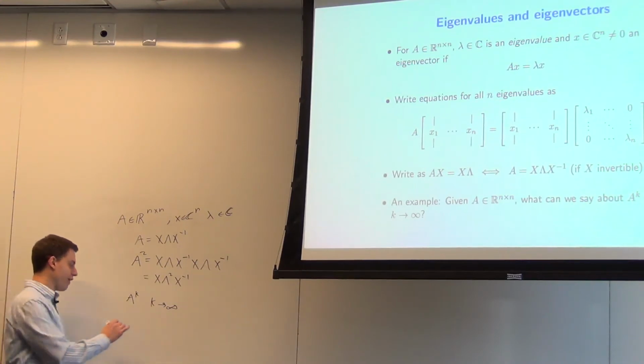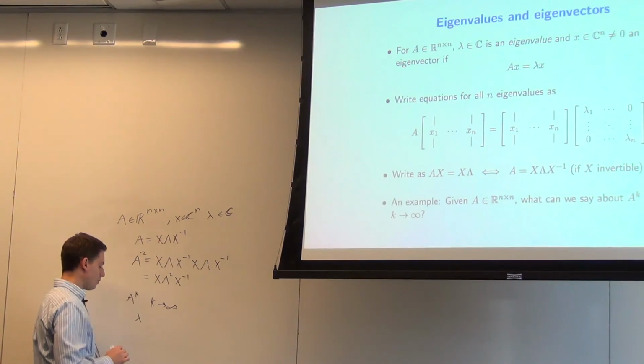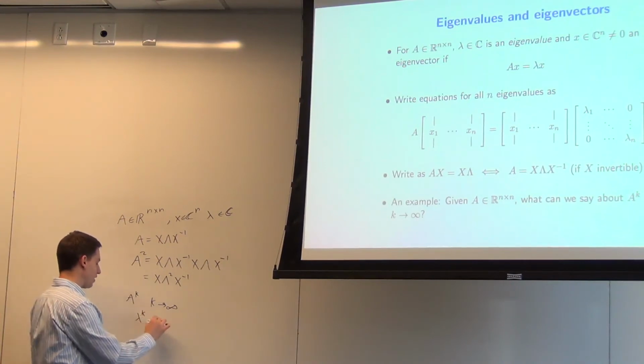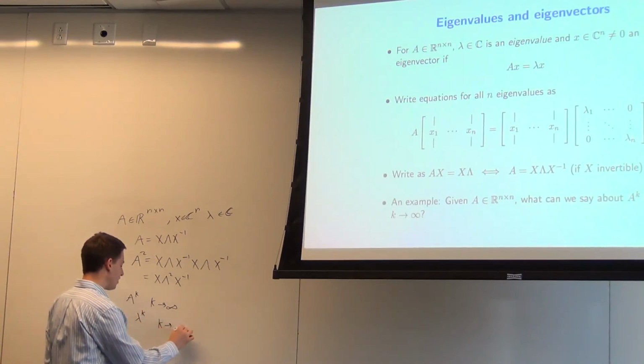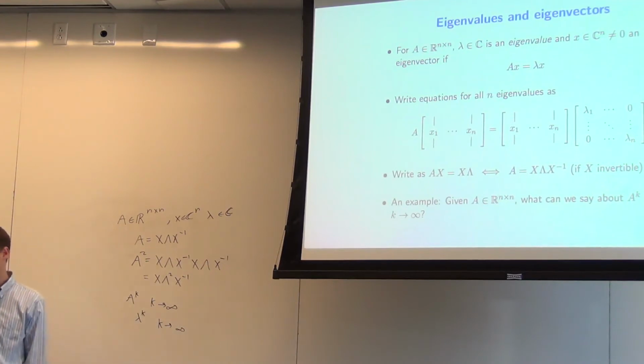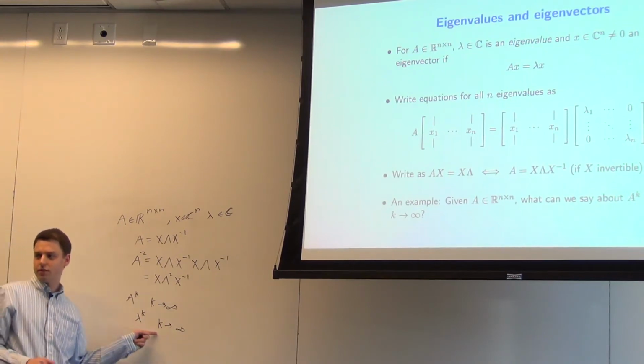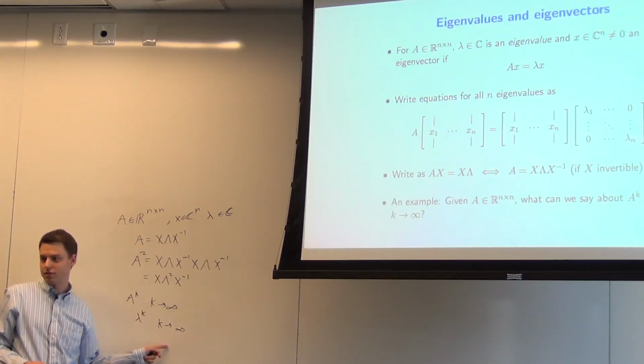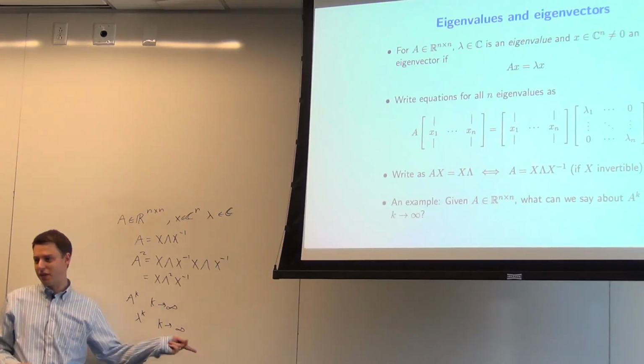So for a scalar value, for lambda, what happens to lambda to the k as k goes to infinity? Or rather, if lambda was, say, 2, what would happen to this? I mean, would it get bigger or would it get smaller if lambda was 2?